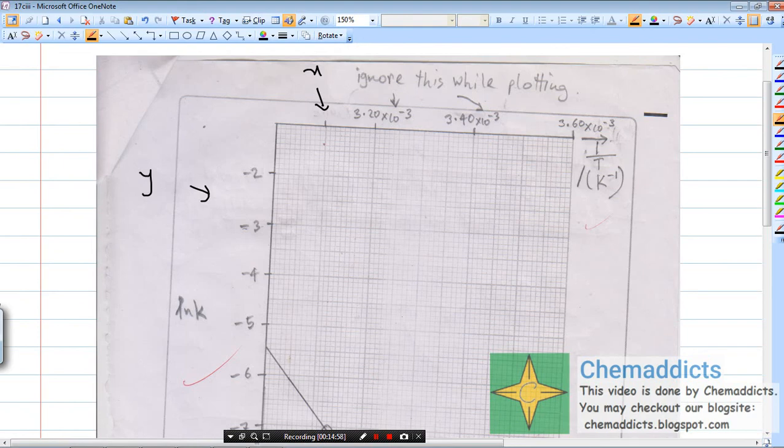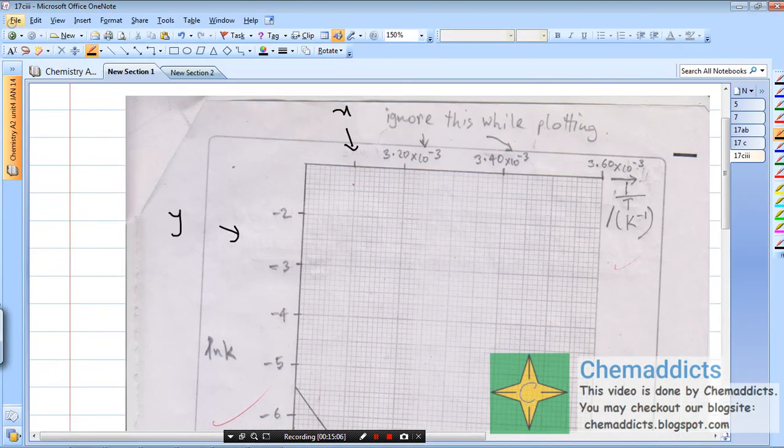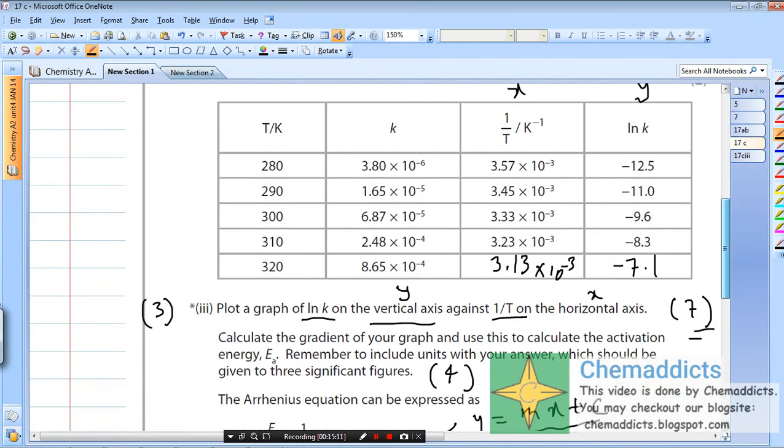Since this 10 to the power minus 3 is common in all the data on the x-axis, we can ignore it while plotting.